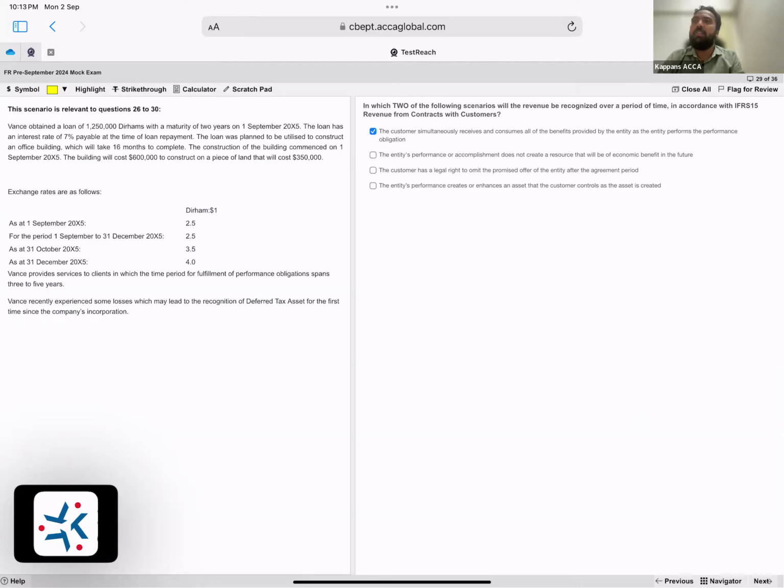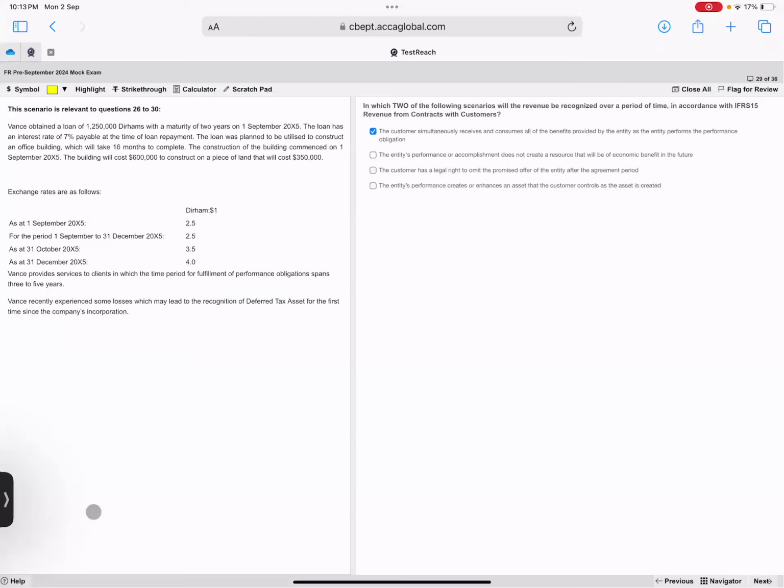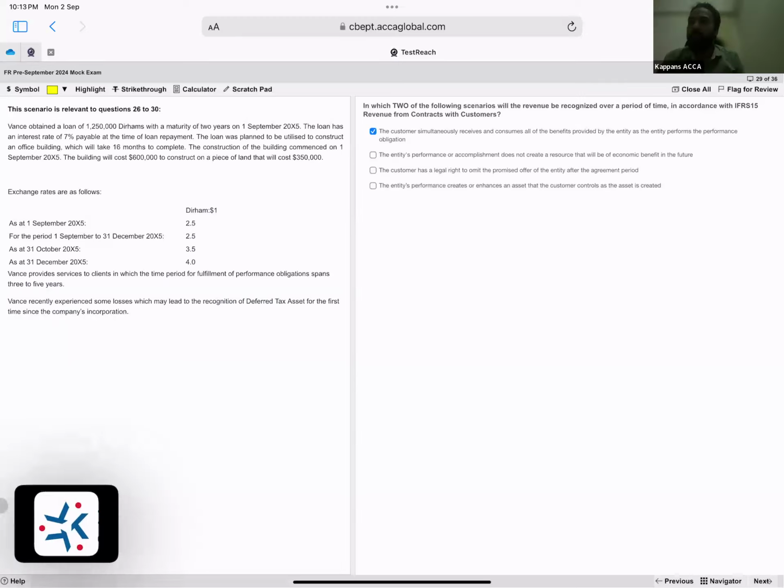B, the entity's performance does not create a resource that will be of economic benefit in future. C, the customer has a legal right to omit the promised offer of the entity after the agreement period. No. D, the entity's performance creates or enhances an asset that the customer controls as the asset is created. Yes. Options A and D are the answer for this particular question.